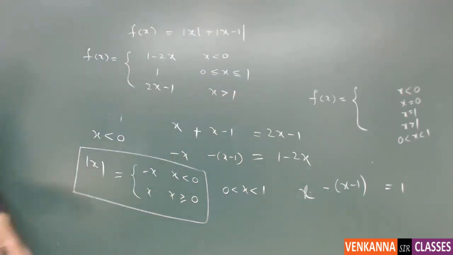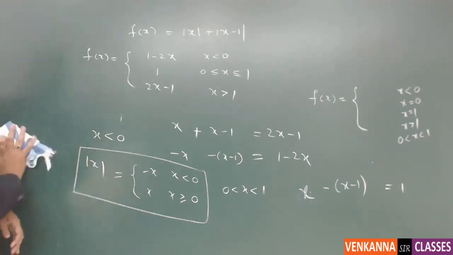So after consolidating the results we have obtained so far, this is our final output. Will you agree? So based on this, you are going to calculate the limit portions.